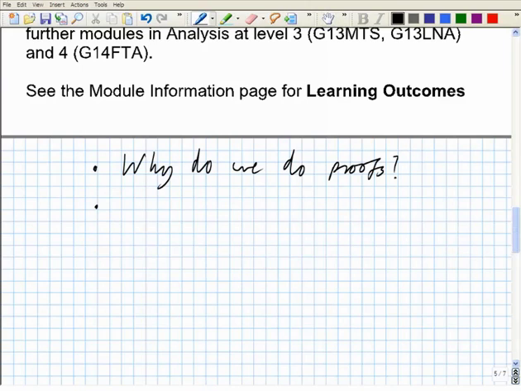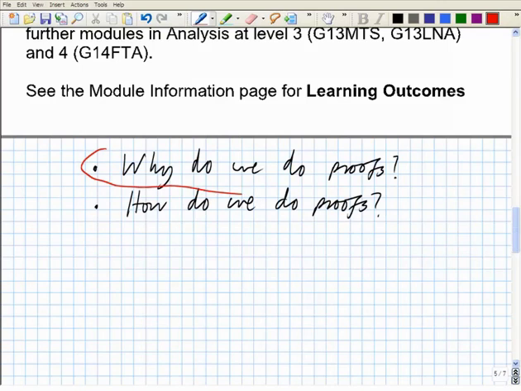And I'm going to address the first one just mildly now by pointing out that you have to be careful sometimes. So why do we do proofs? Well, sometimes you have to be careful. You don't always know as much as you think you do.